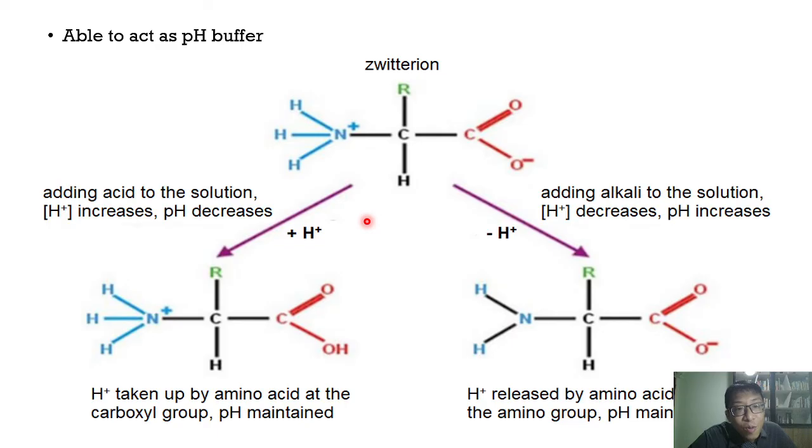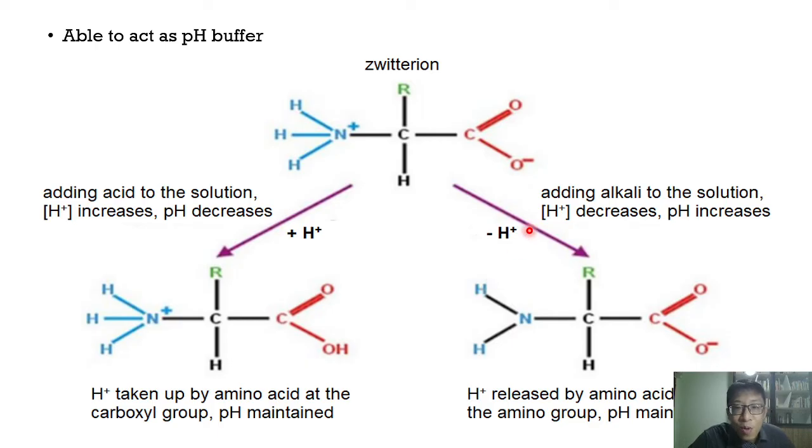When you have an amino acid solution and you add some acid into this solution, where you're adding H+, the H+ concentration increases in the solution, and the H+ can bind to the O-. Therefore, the amino acid is removing the H+ that's added into the solution, so maintaining the pH, acting as a pH buffer.